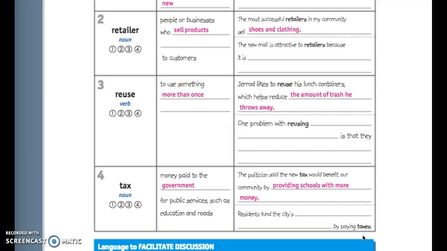Could be something like hospitals, the library, mail, something like that. Pick one of those and put it into this sentence and make sure it makes grammatical sense. Because just saying residents fund the city's mailing by paying taxes, that doesn't make sense. There's a better way to put it. So go ahead and fill out this last sentence.